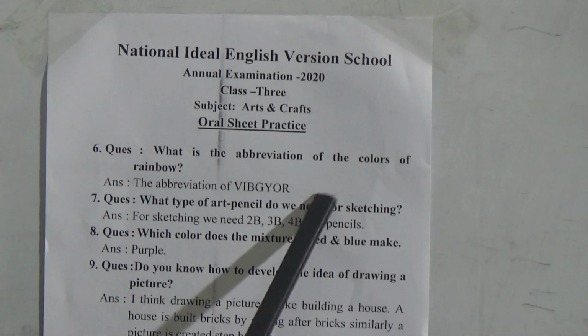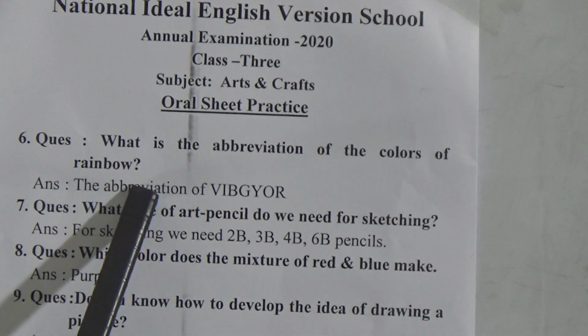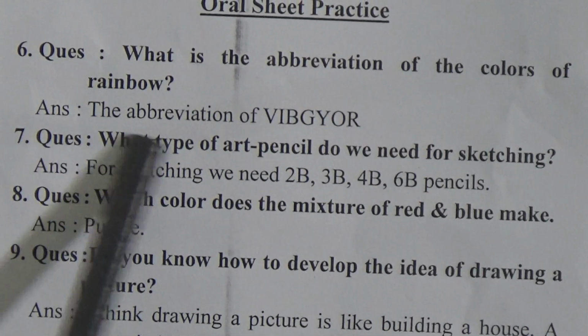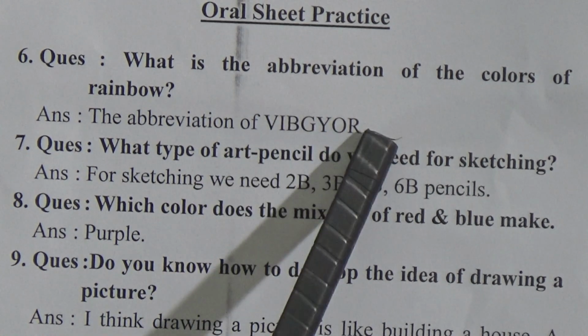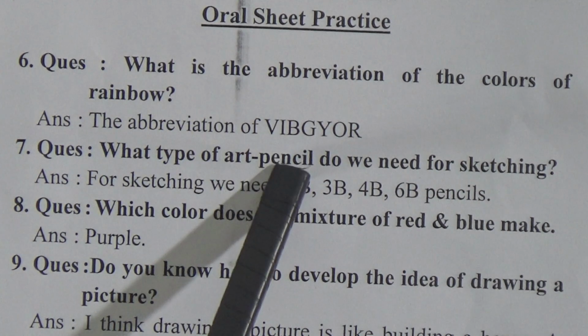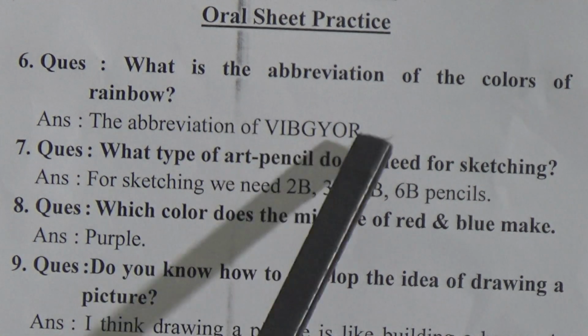Question number 6. What is the abbreviation of the colors of rainbow? Answer. The abbreviation is VIBGYOR.